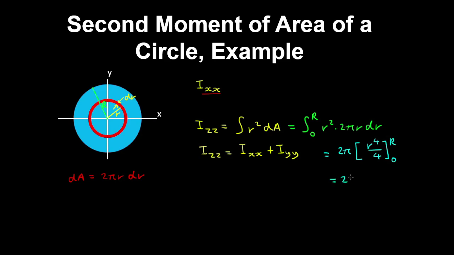So therefore we have 2 pi multiplied by r to the 4 on 4. So therefore the polar moment of inertia is equal to pi r to the 4 on 2.